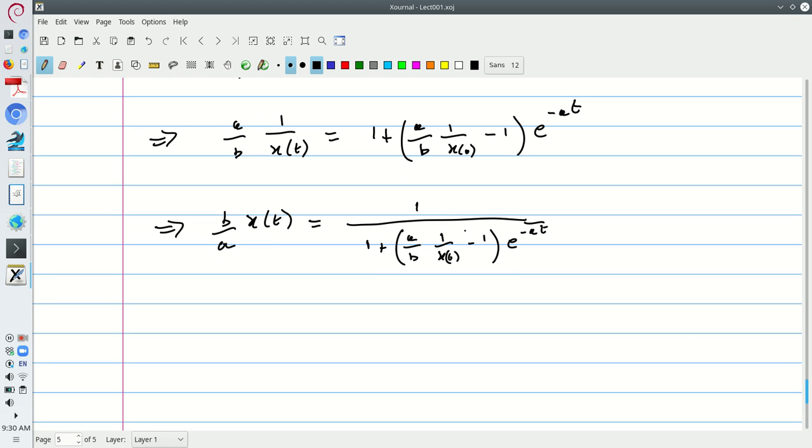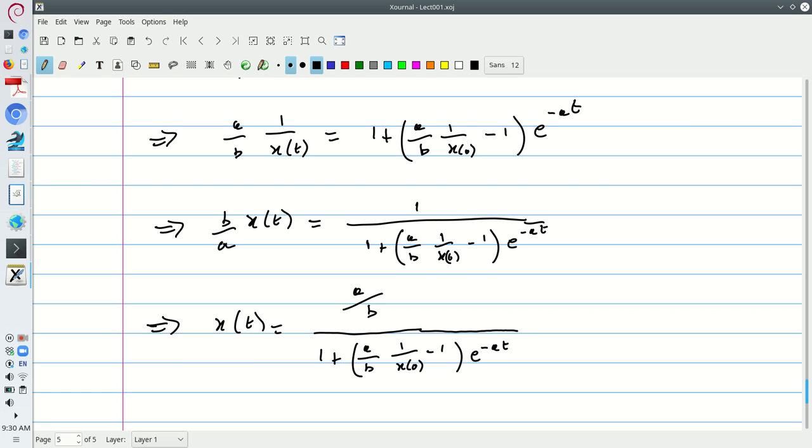After this we multiply by a divided by b, and we have our solution. X of t is going to be given by a divided by b, divided by 1 plus a divided by b times 1 divided by x0 minus 1, that multiplies the exponential of minus at.